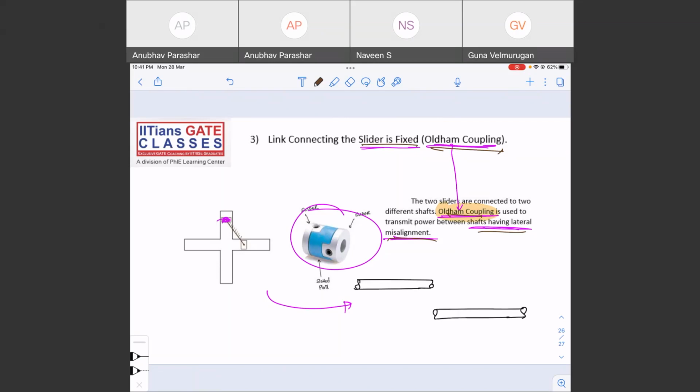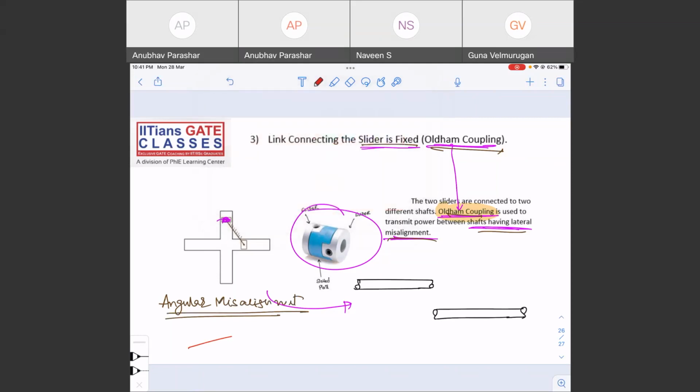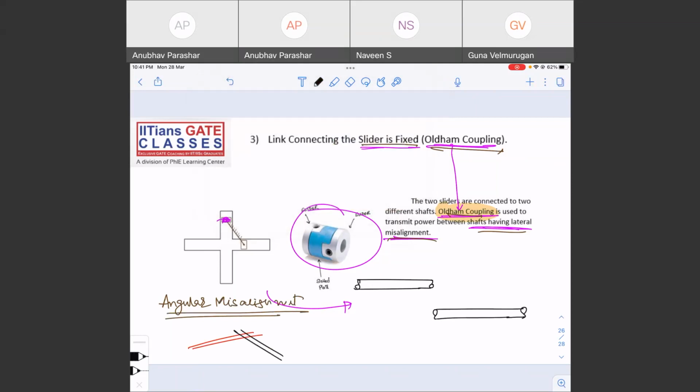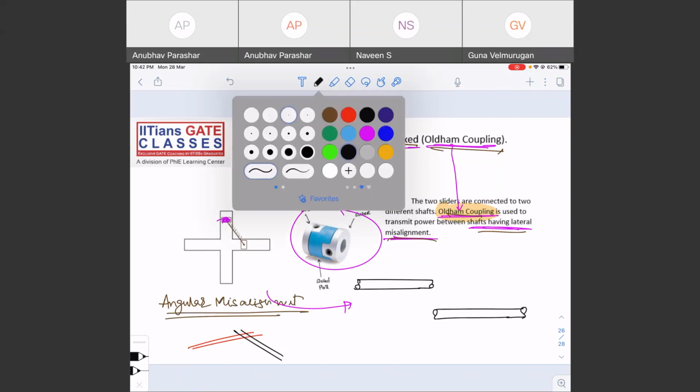Okay, so there are 2 types of misalignment. One is angular misalignment. Angular misalignment is something like this. This is one shaft, and this is the other shaft. So if you have angular misalignment, what link do we use?